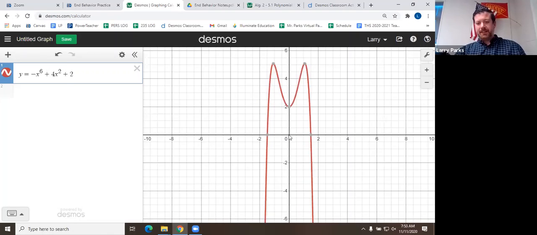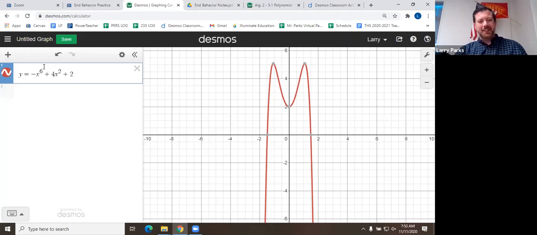So what I said is as x approaches negative infinity, it goes down forever. And as x approaches positive infinity, the function goes down forever. Okay, so that's a good way to check your work. It went down, down, so you should have negative infinity and negative infinity.